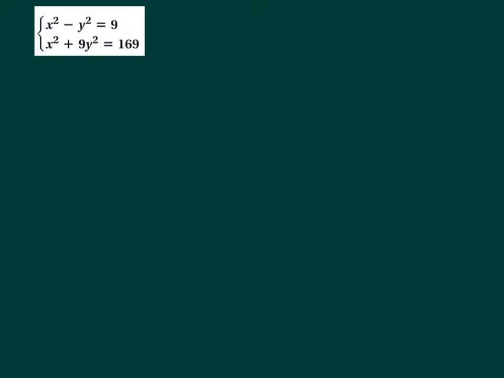Algebraically, what we want to do to begin this process, I want to use elimination. And the way I'm going to go about using elimination here, I'm going to multiply this top equation by 9. If I do that, then I get 9x squared minus 9y squared equals 81. Bottom equation is x squared plus 9y squared is 169.